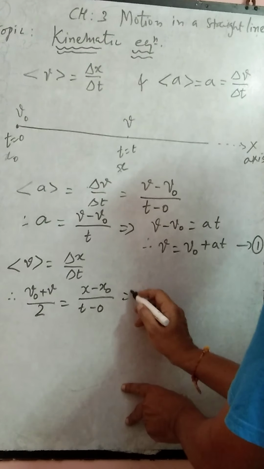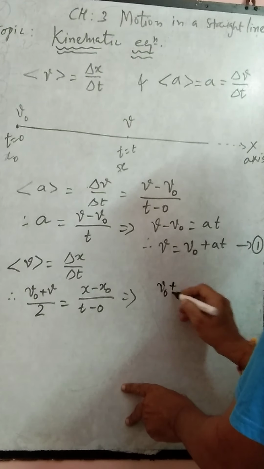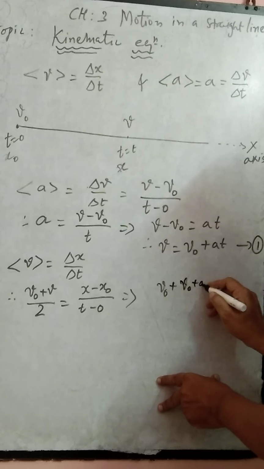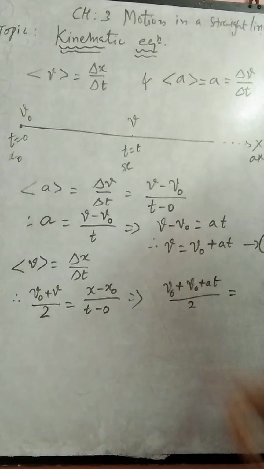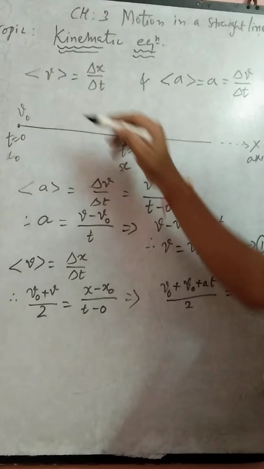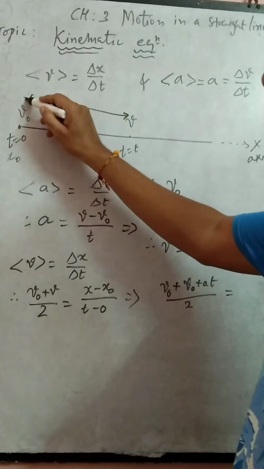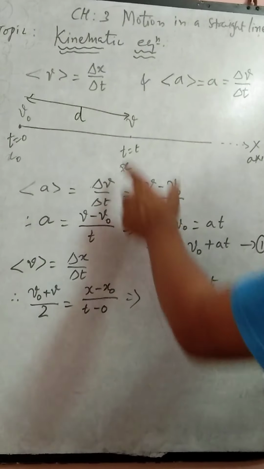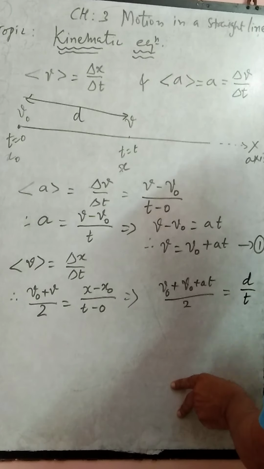Substituting v from equation 1, v naught plus at, divided by 2, is equal to x minus x0 upon t. Now x minus x0 is nothing but the distance traveled along the x direction. If we represent that by d, then x minus x0 is d upon t.